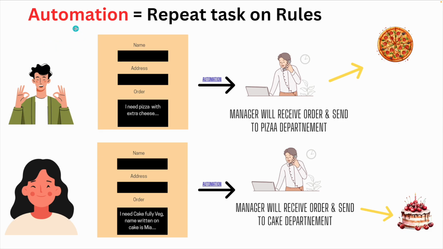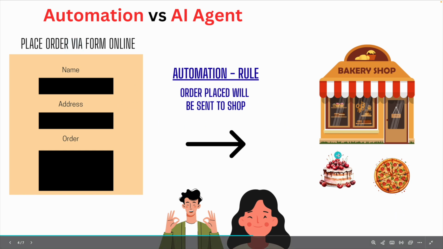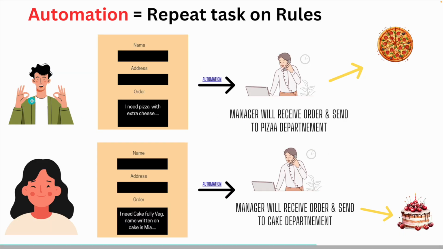In automation, the tasks are repeated based on rules. The rule we have set is that once the order is placed, it will be sent to the shop. Let's say this person puts his name, address, and in the order he says, hey, I need pizza with extra cheese. Once he places the order, the automation takes it online to the manager of the bakery shop.